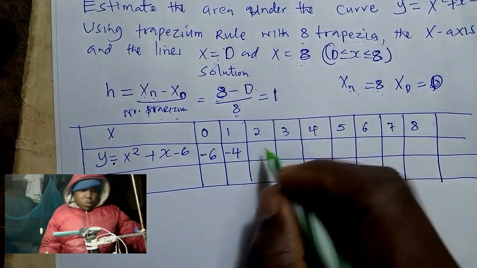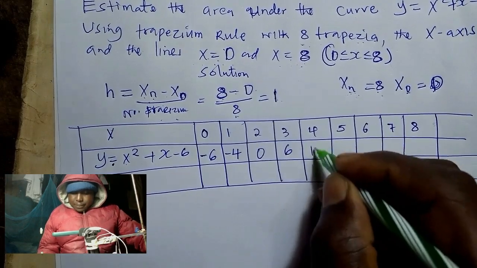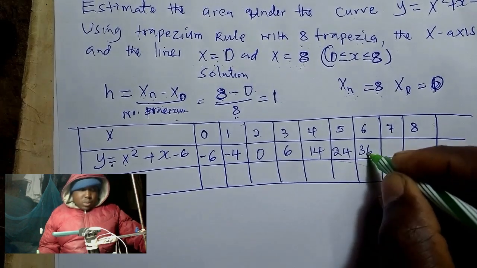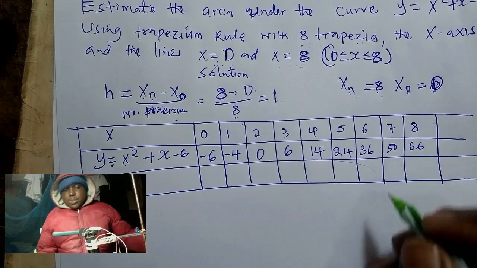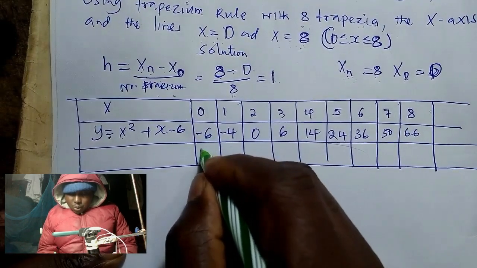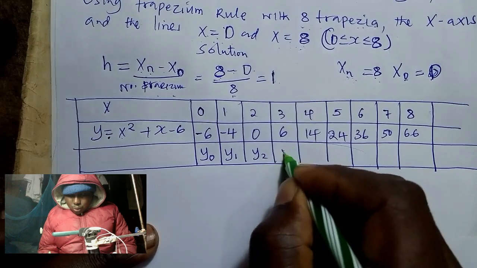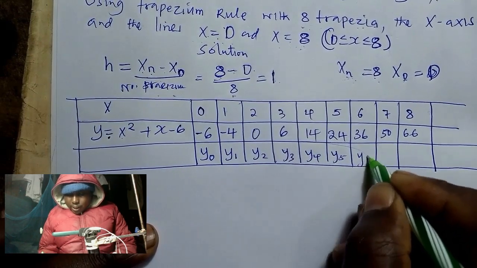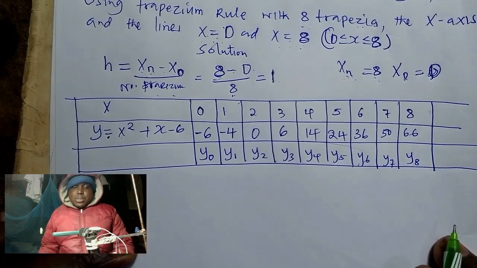You substitute all the way to the end: 14, 24, 36, 50, 66. So now you fill the table. What we have here is y naught, y1, y2, y3, y4, y5, y6, y7, and y8.